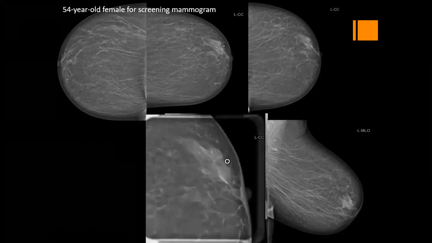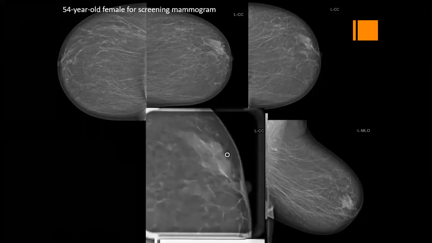This is a spot magnification. Spot magnification view confirms it is a focal asymmetry. I have to do ultrasound. Before that, we said for the focal asymmetry to put it as BI-RADS 3 or BI-RADS 4. This BI-RADS 3 because it is less dense than.